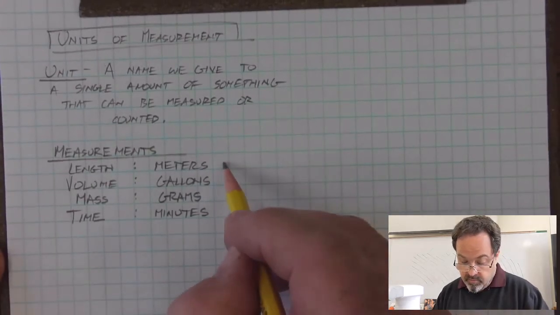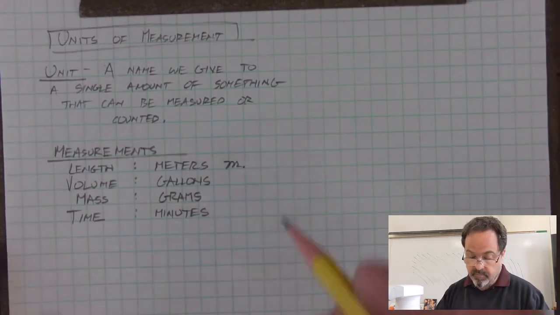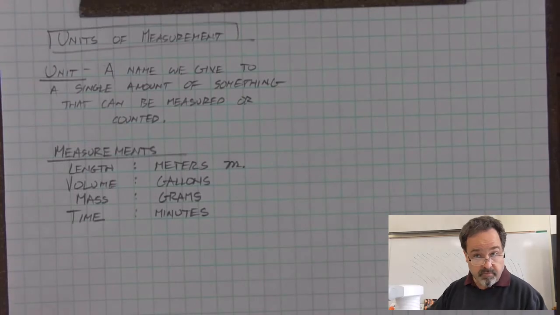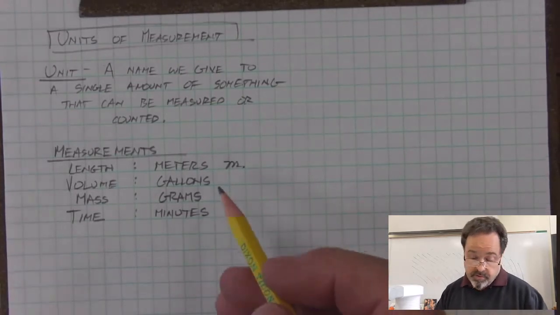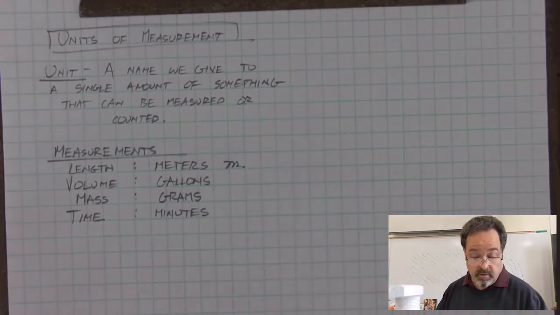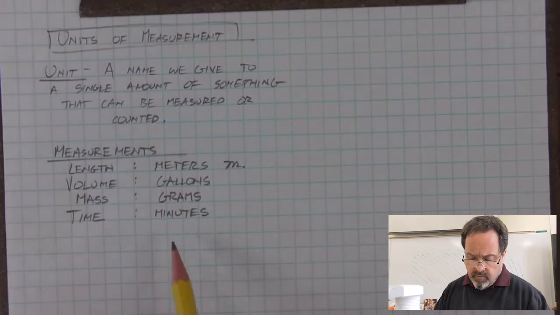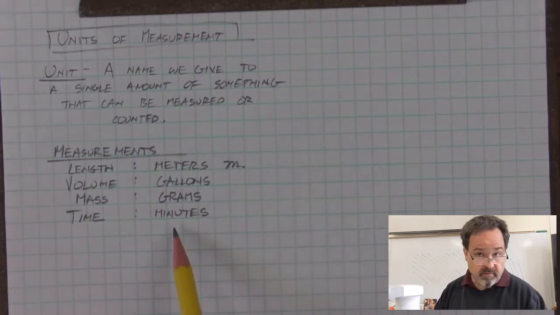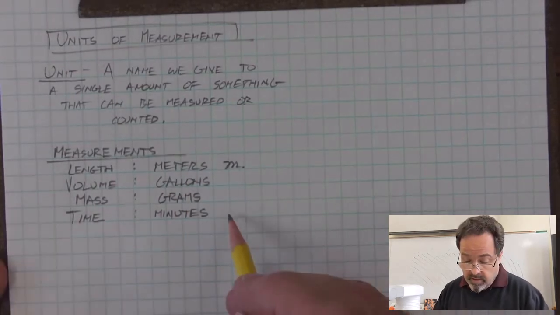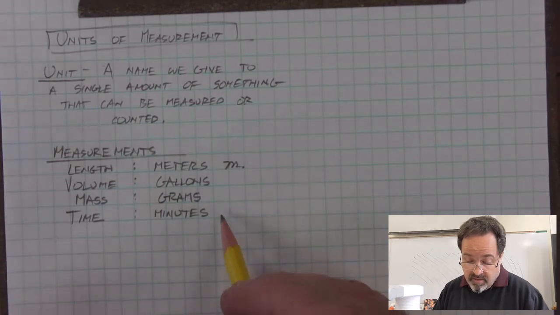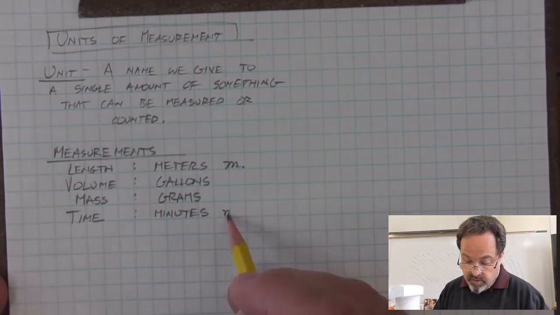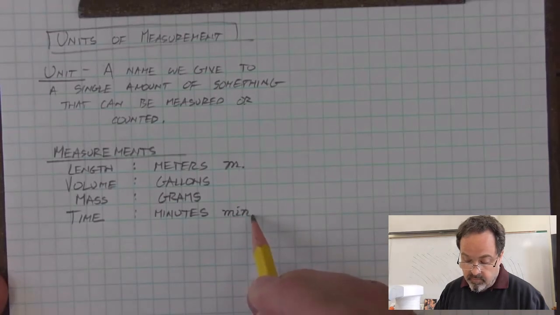Meters is abbreviated with an M, sometimes lowercase, often followed by a period to show that it is an abbreviation. M because meters starts with an M. But so does the unit of measurement of minutes. In order to not confuse minutes and meters in the abbreviation, we have a different abbreviation for minutes, MIN, often followed by a period.